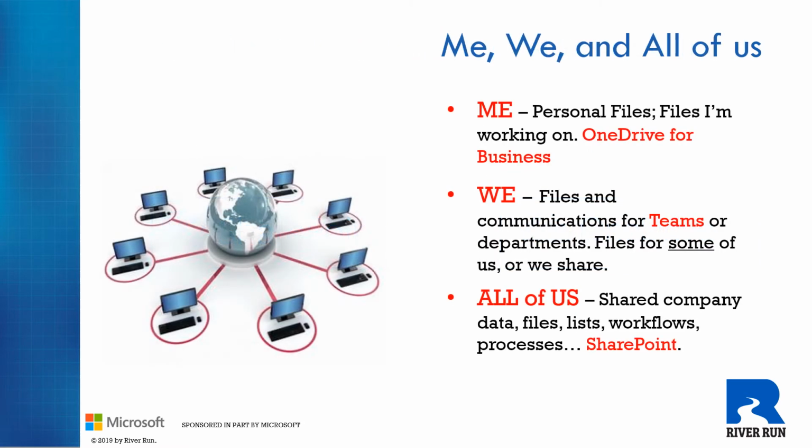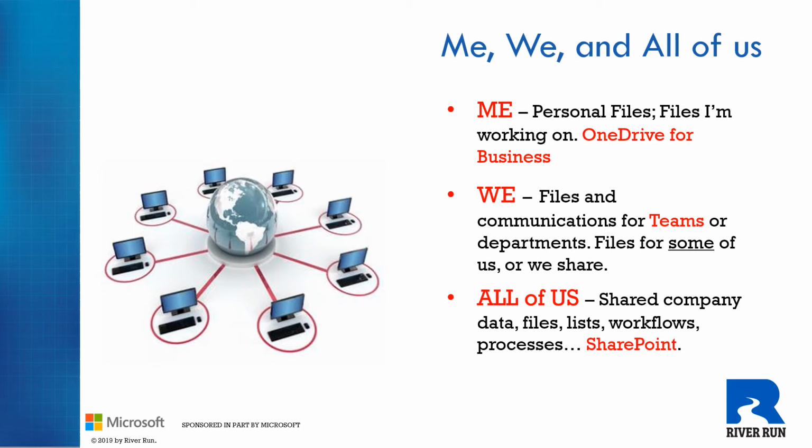The concept I'd like to introduce is me, we, and all of us. If you're talking about a document or a file that you're working on that isn't ready for prime time, it probably belongs in your OneDrive for Business.